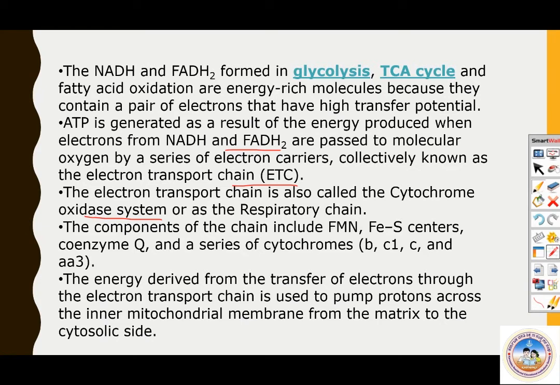Am I clear to you? So A and A3. Okay. The energy derived from the transfer of electrons through the electron transport chain is used to pump protons across the inner mitochondrial membrane from the matrix to the cytosolic side. So usually this is happening in the mitochondria.